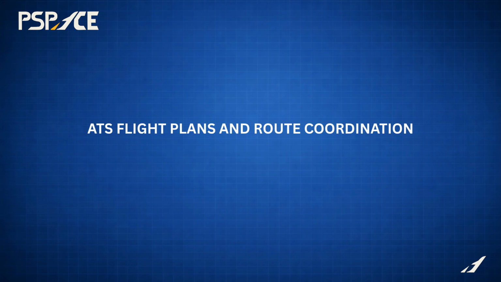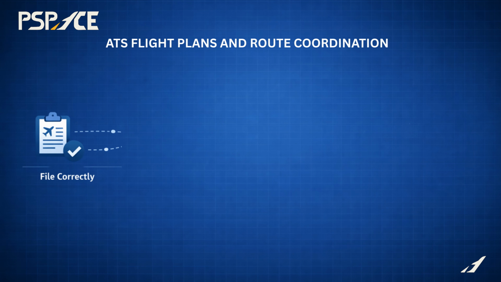The operator must also ensure that an ATS flight plan is filed when required and that the operational flight planning process is coordinated with the ATS structure through which the flight will actually operate. This is not only an administrative requirement.